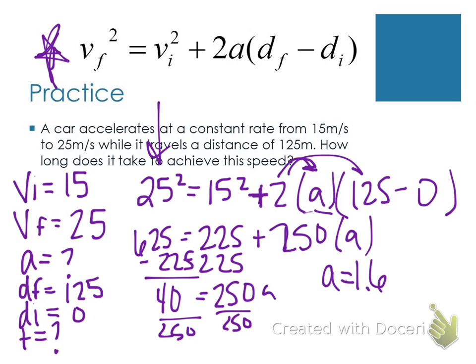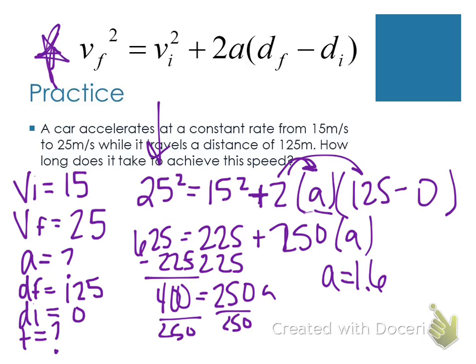And then how do we solve for time? What equation? Okay, now what equation can we use to solve for time, since that's our overall goal? First, second, or third? We could use the first or the second. Which is the simplest?